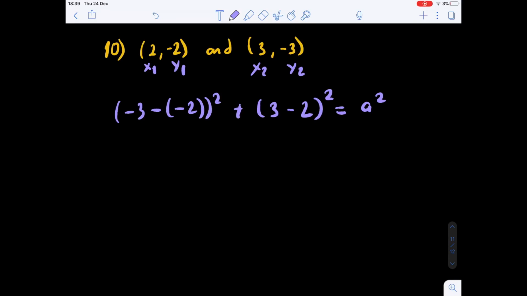So here we have negative 3 and positive 2, so the difference is negative 1, squared is 1, plus 3 minus 1 is 2... as stated, squared is 1. So A squared equals 2. So A is root 2. So the distance between these 2 points is root 2.